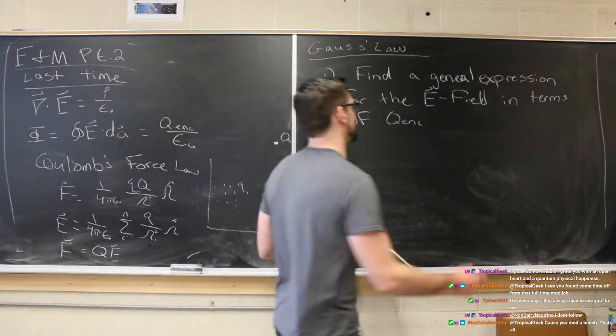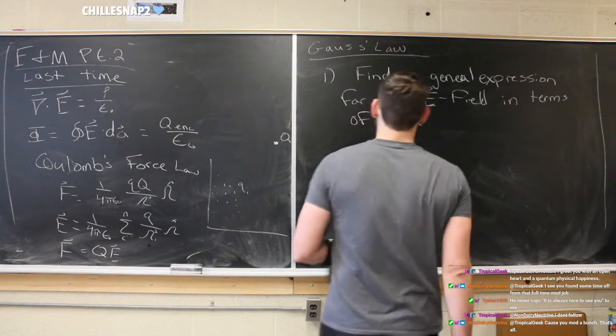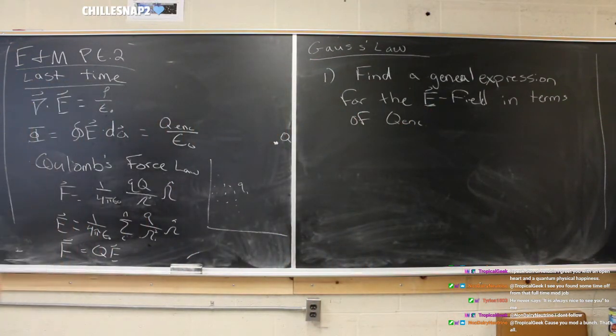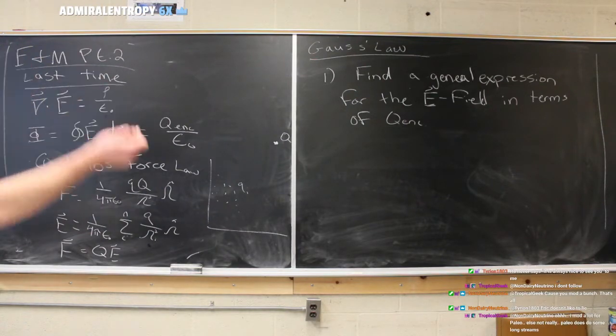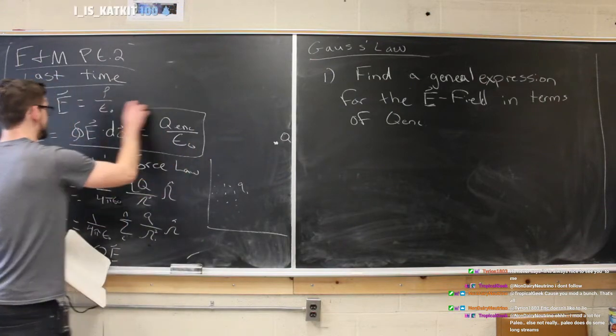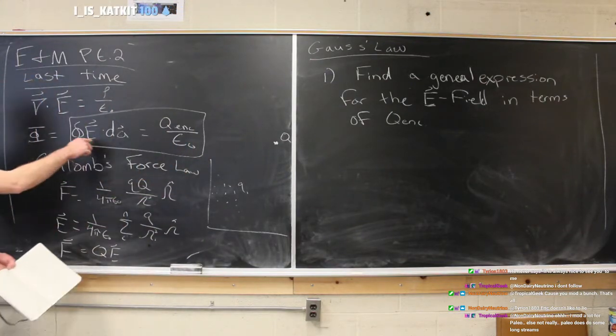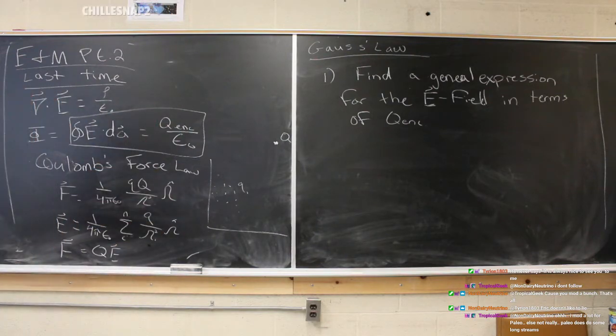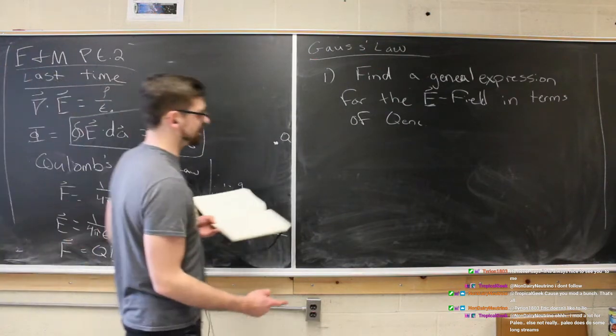So the first step really is to find a general expression for the E field in terms of Q enclosed, and we'll do that a few times. The idea is to solve for the electric field. This is going to be the main crux of the solution, and we want E isolated on the left-hand side with everything else on the right-hand side, including Q enclosed. Then we will go through each case on a case-by-case basis.